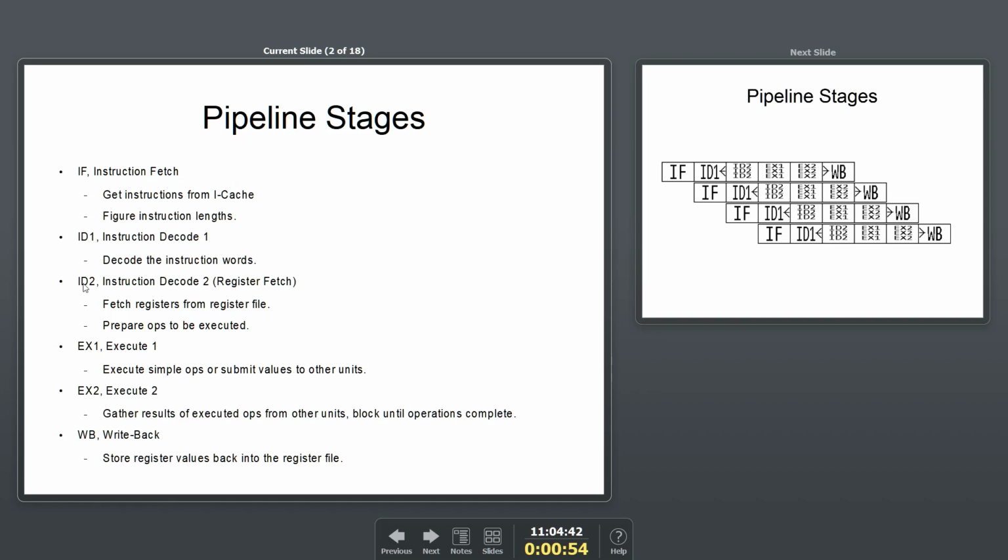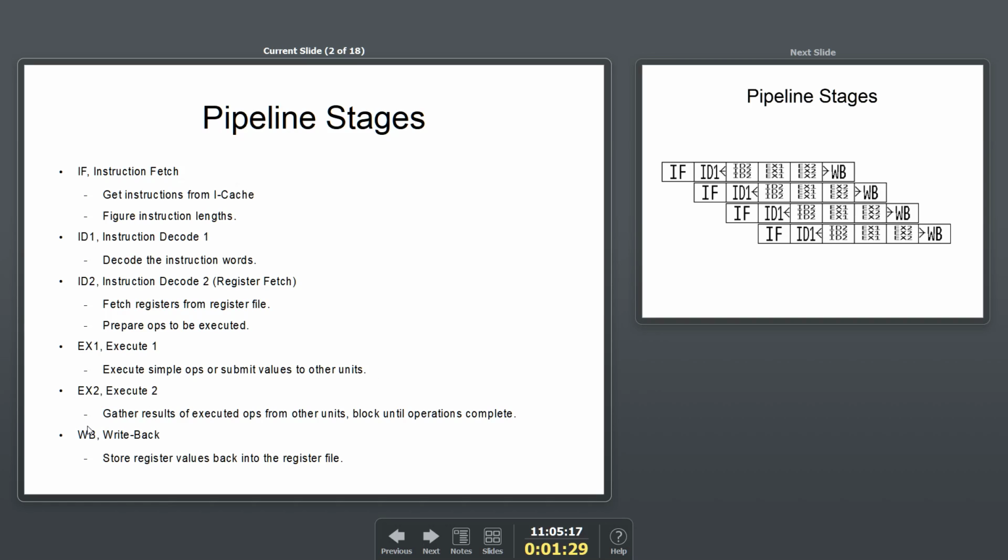Yeah, there's ID2, or instruction decode 2, or could also be called register fetch. This mostly fetches the registers from the register file and prepares the current operations to be executed. And there's execute 1, which executes simple operations itself and submits values for more complex operations to the various other units.